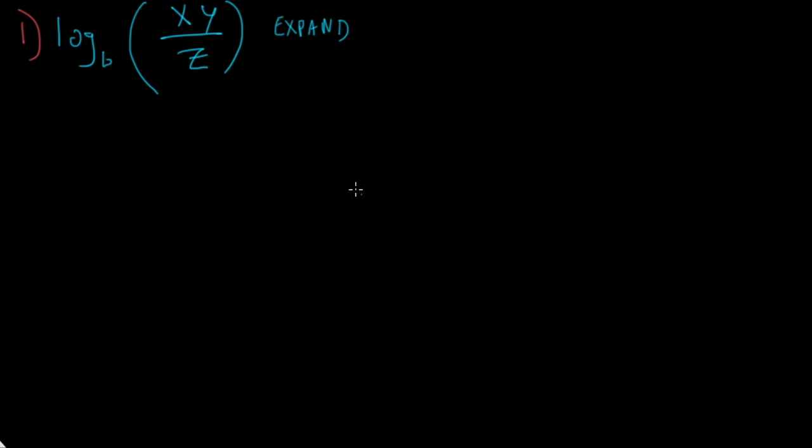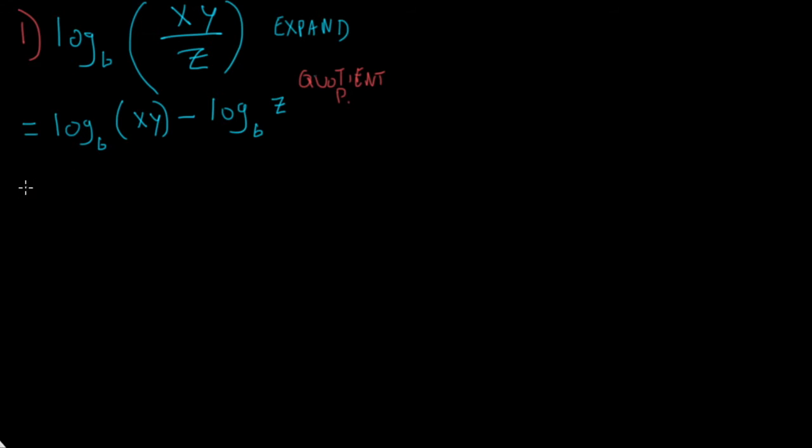All right, so hopefully you gave it a try and expanded. Now, we will do this typically one step at a time. So according to order of operations, it's a good way to think about it. We'll say log base b of xy minus log base b of z. Now we did this using the quotient property.